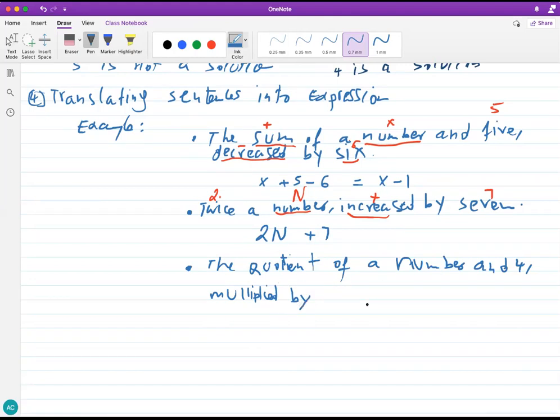Quotient of a number and 4 multiplied by, yeah, some number, by 5, for example.